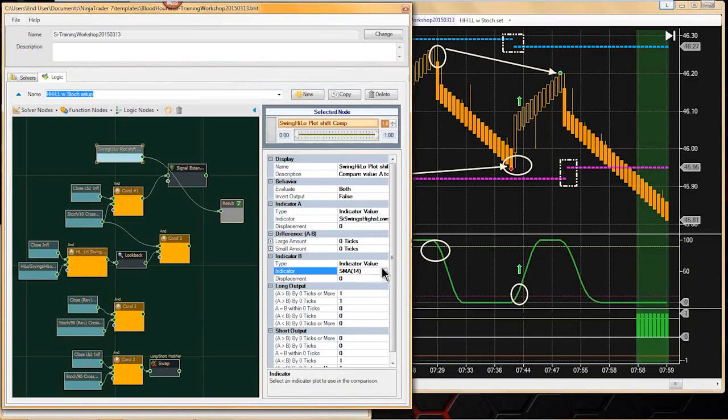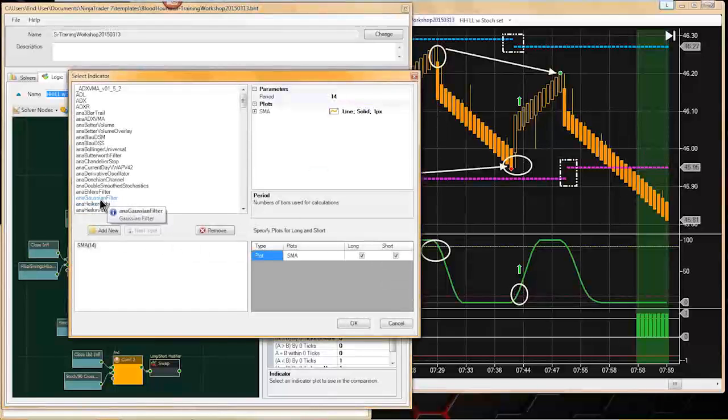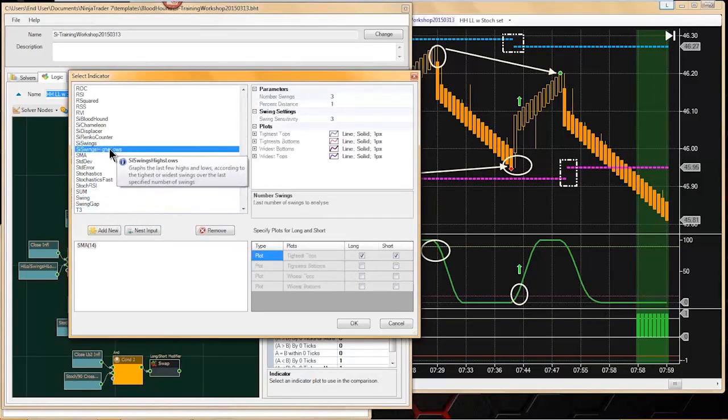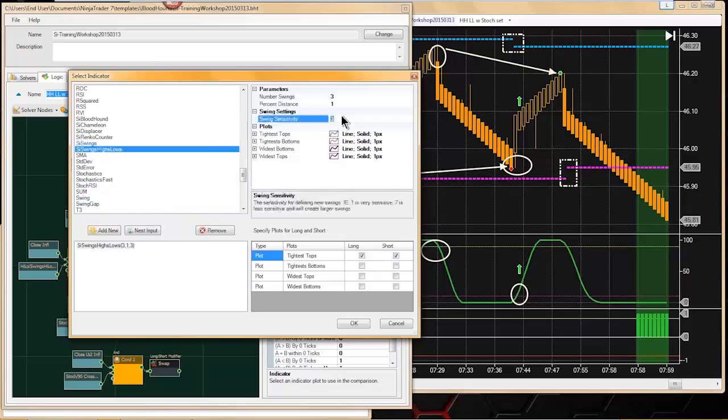And I'm going to set indicator B to the same thing. All right, so I'm using the same plots for the same long and short.